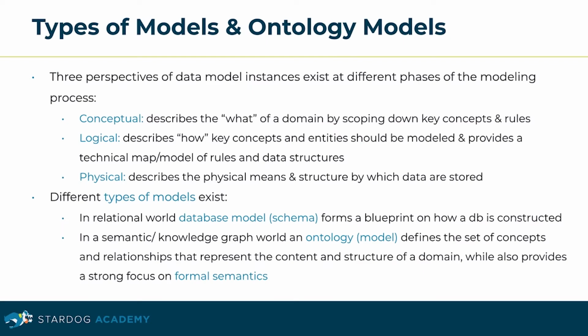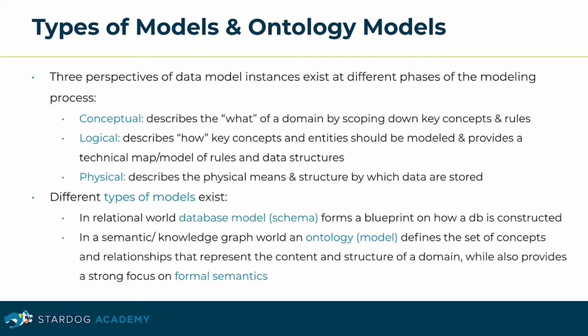There are different types of models, and one of these is also ontology models. So three perspectives exist on data model instances at different phases of the modeling process. First of all, we have the conceptual data model. This describes the what of a domain by scoping down the key concepts and rules of that domain.